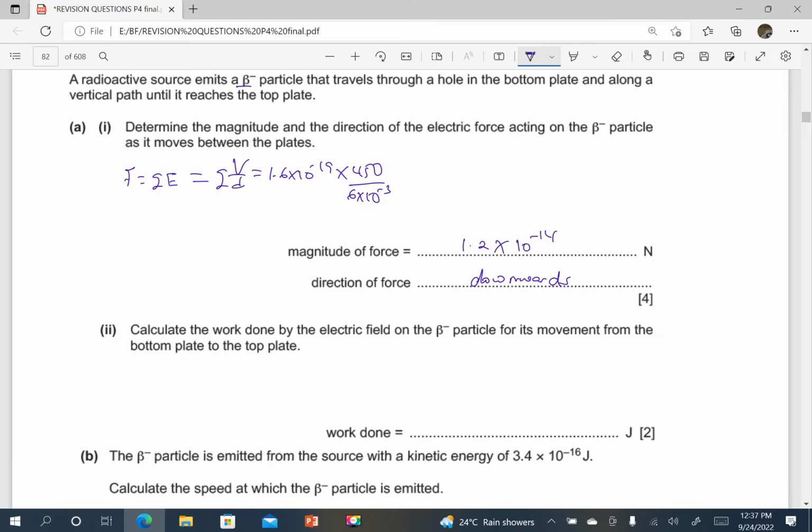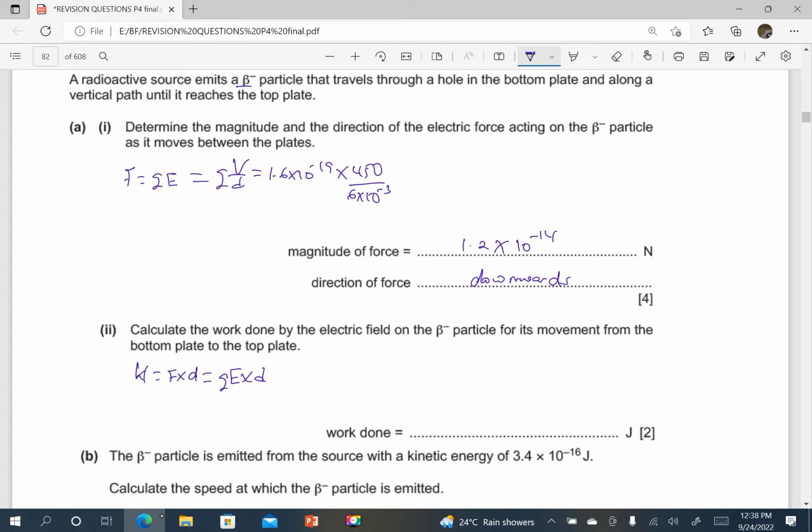Then work done. Work done is charge times potential, or work done is force times distance, which can be charge times electric field strength times distance, depending on what you have.